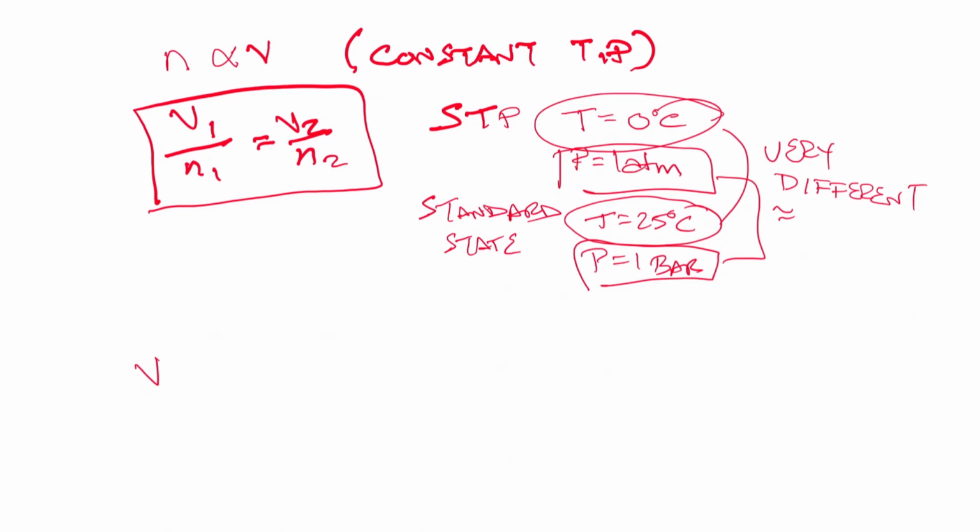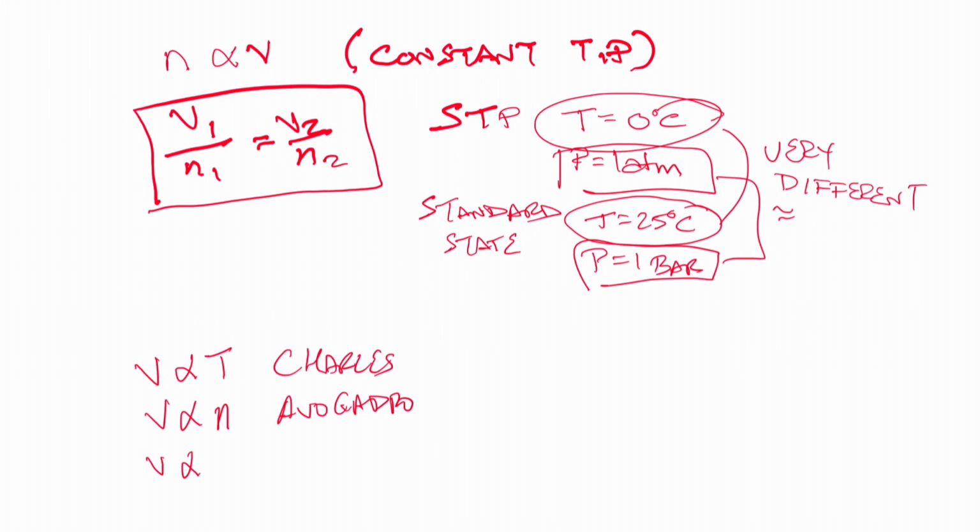Volume should be directly proportional to temperature, that was Charles. Volume should be directly proportional to number of moles, that was Avogadro. And the volume should be inversely proportional to the pressure.